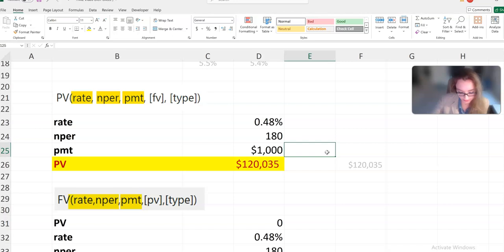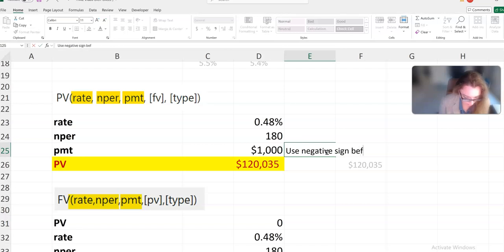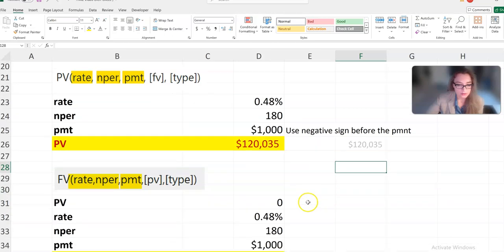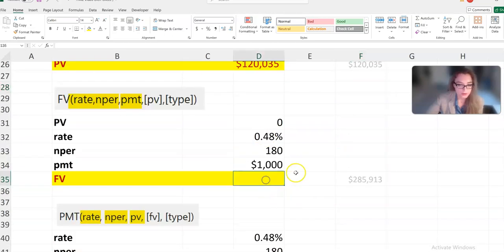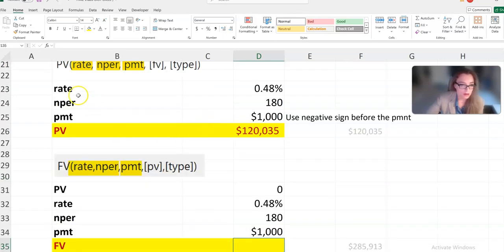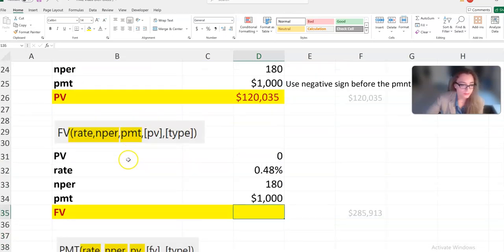I would just write here, use negative sign before the payment. Let's go further. Now let's find future value. It's almost the same, only the arguments are a little bit different.